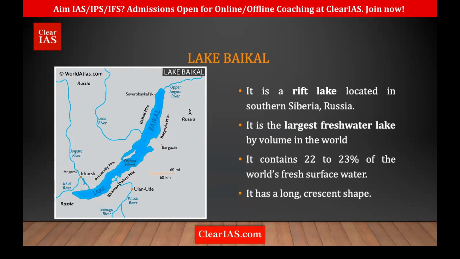And in shape, it has a long crescent shape. Suppose we have Lake Baikal there, and ice and snow are all around it, frosted. Will the area of the lake shrink or expand? That's my question.